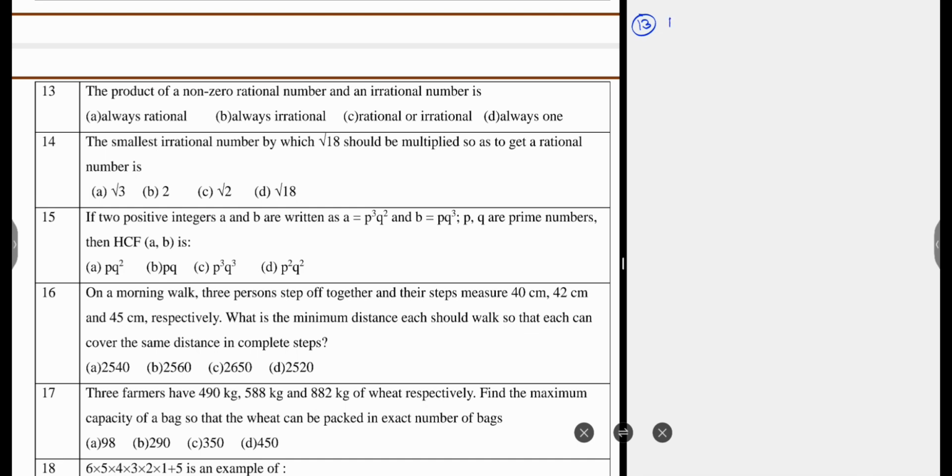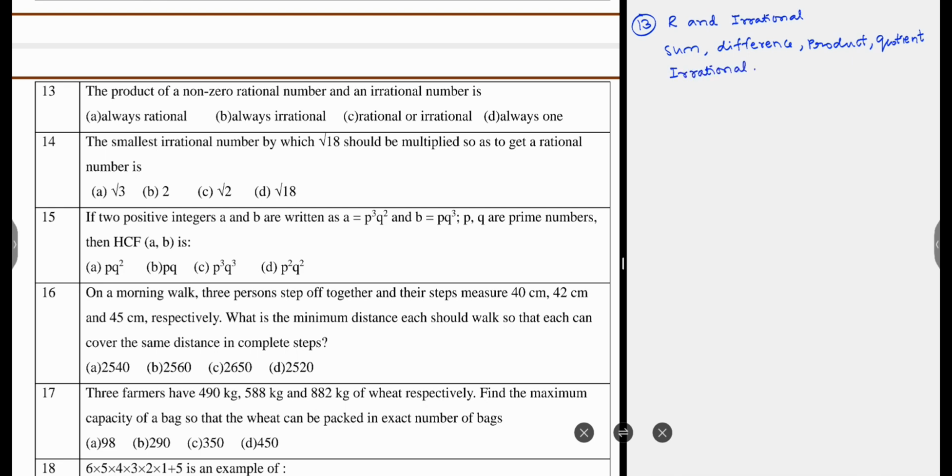When you have one rational and one irrational, then sum or difference or product or quotient, all will be irrational again. The results will be irrational again.